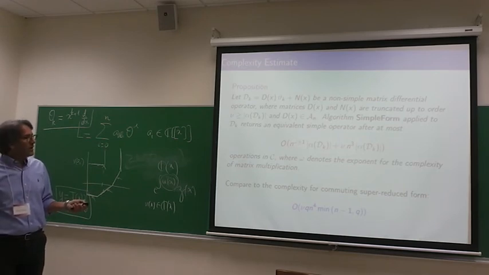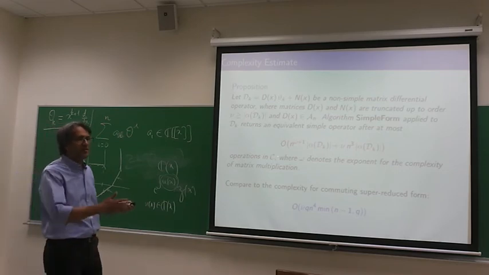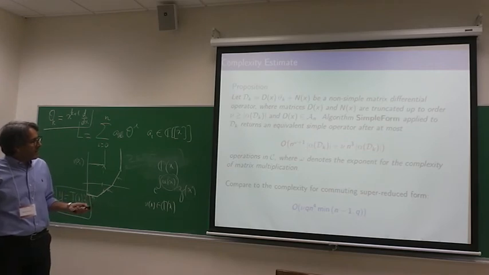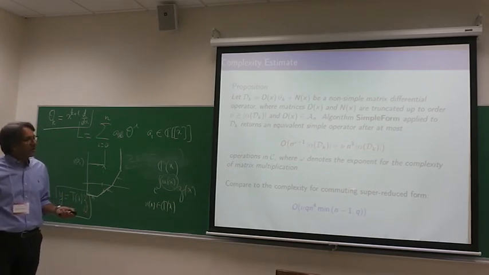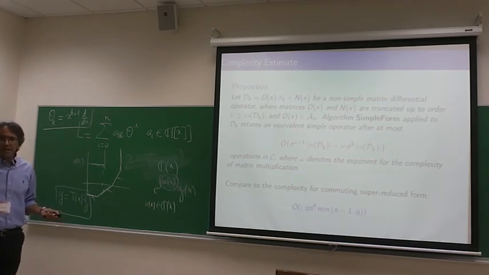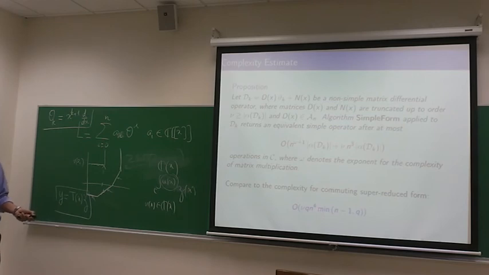Omega is the exponent of linear algebra, so omega is between 2 and 3. If you compare this to the complexity of computing a super-reduced form, this is the complexity for the super-reduced form. The notation is: Q is the Poincare rank, nu is more or less the same, and n is the size.